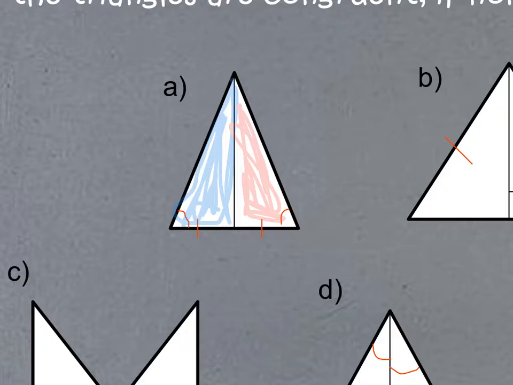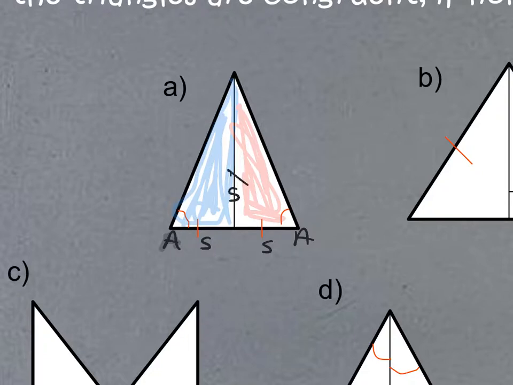Okay, so what do we know is congruent? We have an angle, right? Angle here is congruent to this one. We also have a side. What other piece of information can we pull off of this picture? What other piece is congruent? Valeria? The line they share. Now, so this would be S.